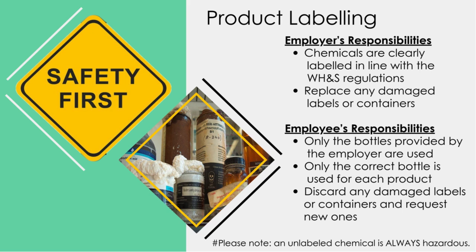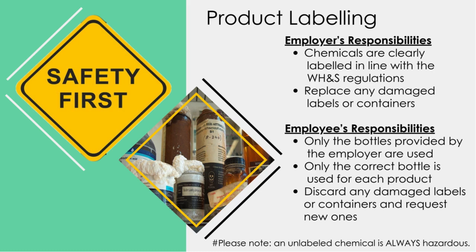Product labelling. Once again, when it comes to product labelling, both the employer and you as the employee have responsibilities. The employer's responsibilities include ensuring that chemicals are clearly labelled in line with your workplace health and safety regulations. Also, to replace any damaged labels or damaged containers.